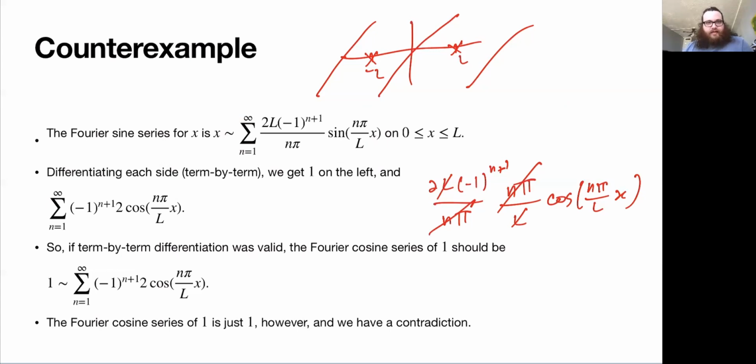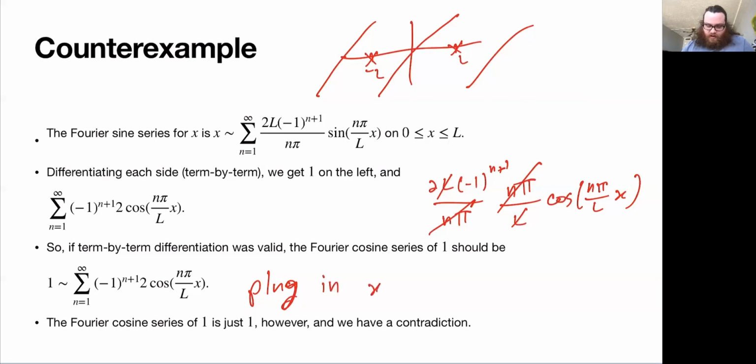Okay. But keep in mind that for cosine series, constants are allowed. And so if you have a constant, what should the cosine series be? It should just be that constant. And this is definitely not constant. Even plugging in x equals 0 here, maybe more evidence as to why this isn't the right kind of connection.